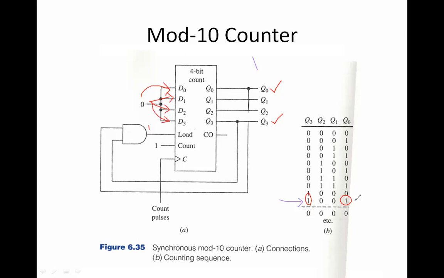So right after this, it's starting off with 0. Understood? So if you count, you have 1, 2, 3, 4, 5, 6, 7, 8, 9, 10. So you have 10 states. That is nothing but your mod 10 counter. Is that clear, all of you?